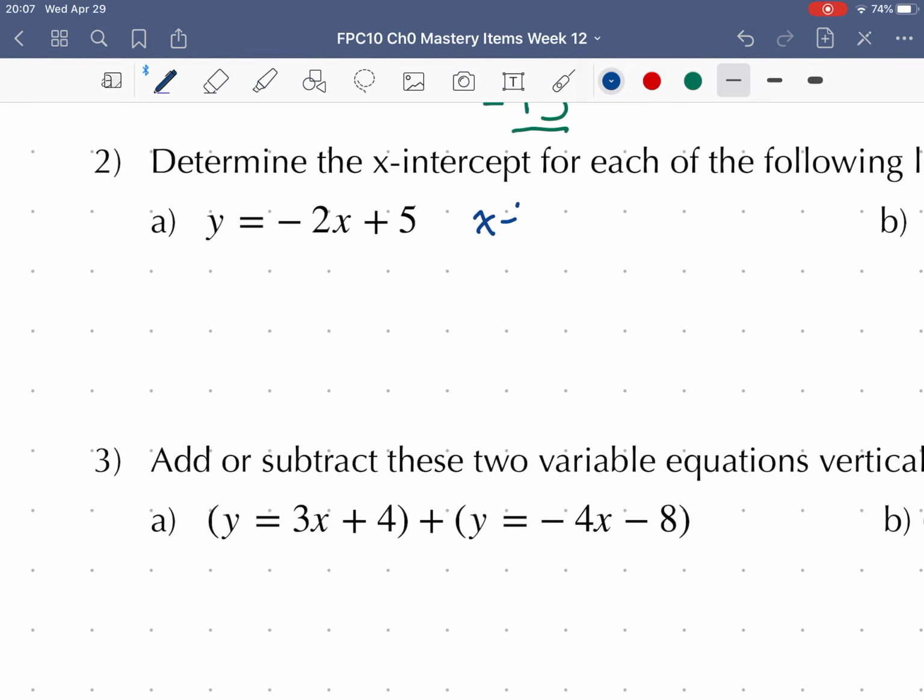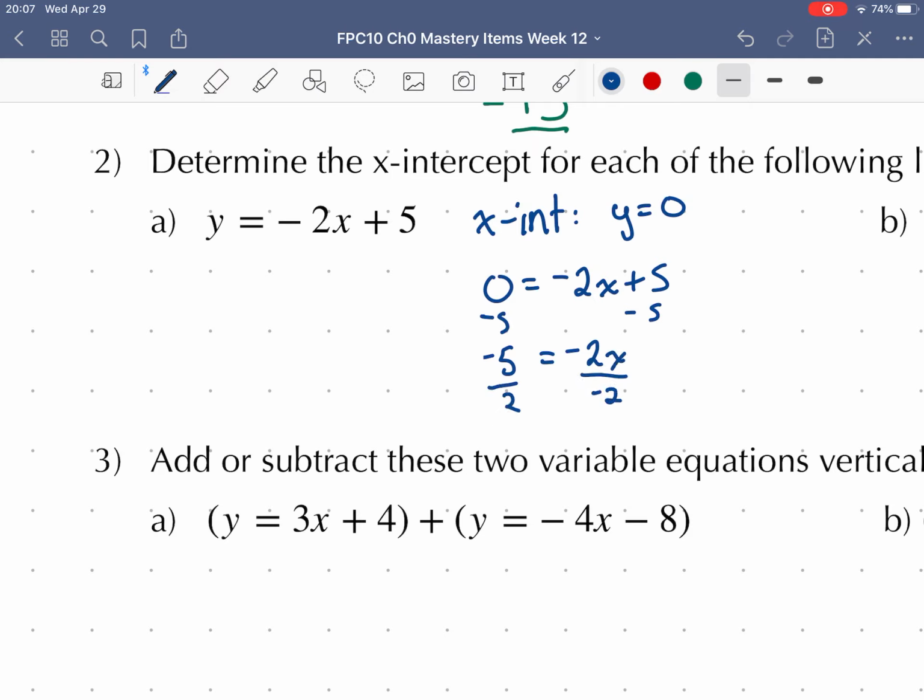So letter A, we are going to find our x-intercept by putting in y equals 0. So we put in 0 equals negative 2x plus 5. And now we just solve for x. Take 5 away. Negative 5 is equal to negative 2x. Divide both sides by negative 2.